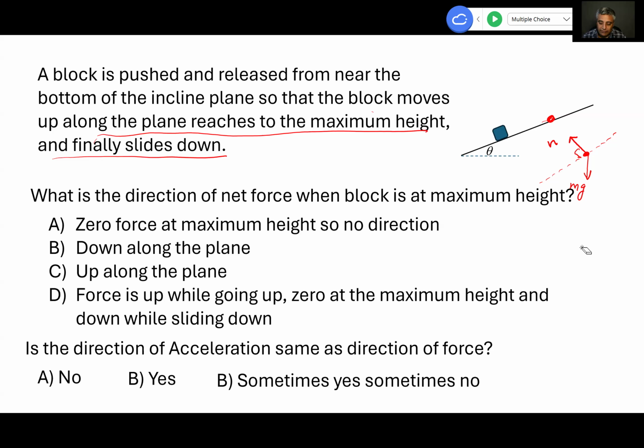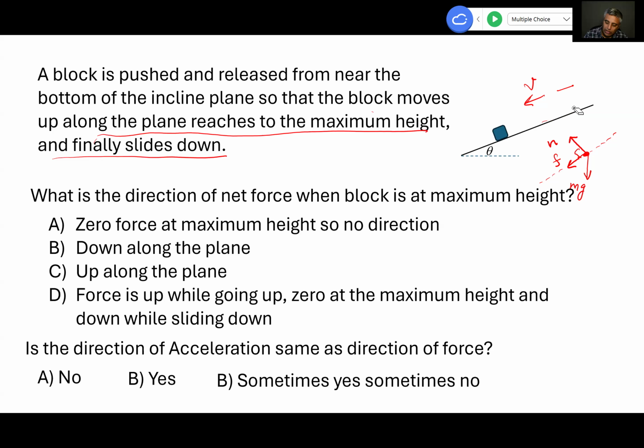But if there is friction force, then we need to know what direction it is moving. For example, if it is moving up along the plane, then friction force is going to be down along the plane. Similarly, if it was sliding down, then friction would be in this direction.